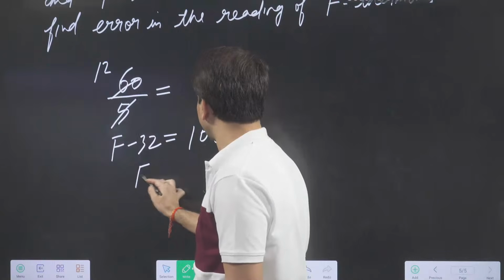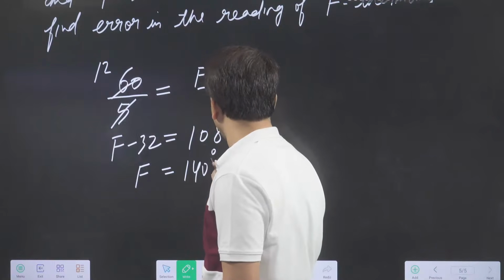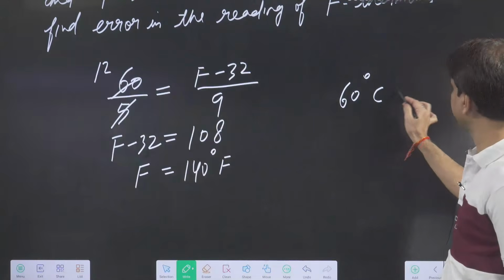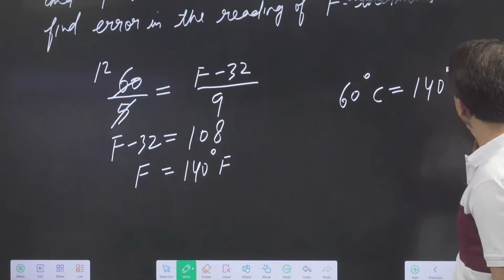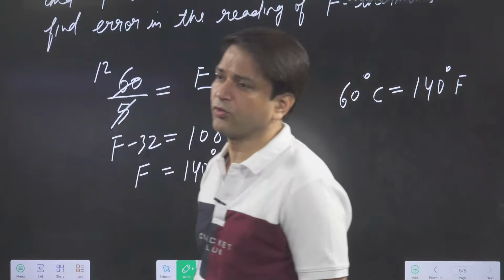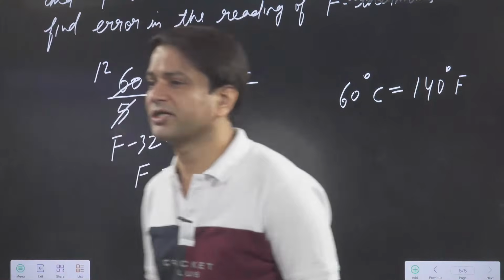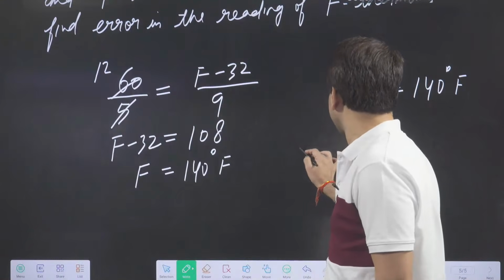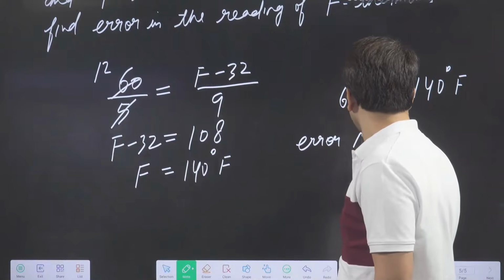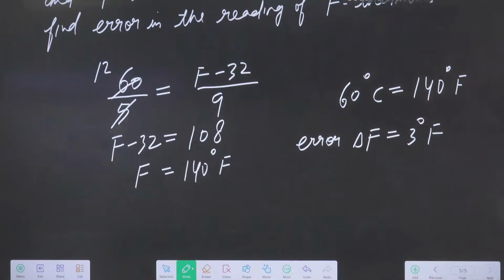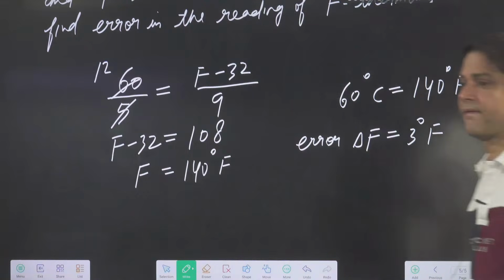So what Fahrenheit did you get? 140 degree F. So 60 degree C is equal to 140 degree F. But that Fahrenheit is showing how much? 143. So what is the error? Error delta F is equal to 3 degree Fahrenheit. Everybody got or not? Completed?